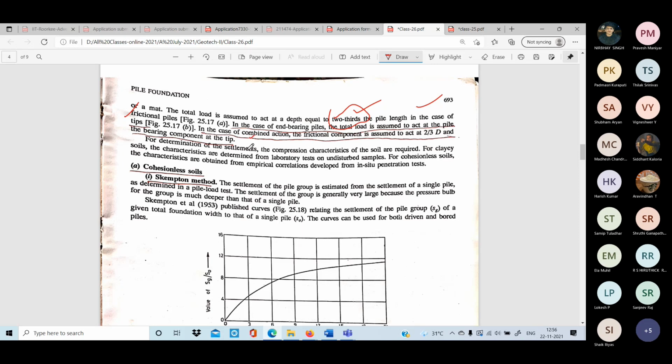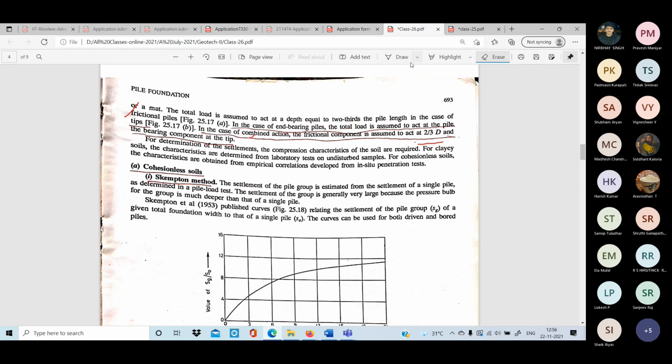In the case of a combination of action, the friction component will be assumed to act at two-thirds. Let me read it properly. Actually it is curved, right?